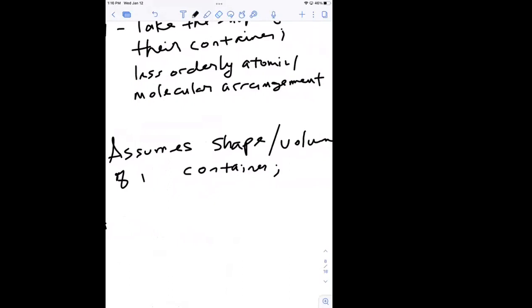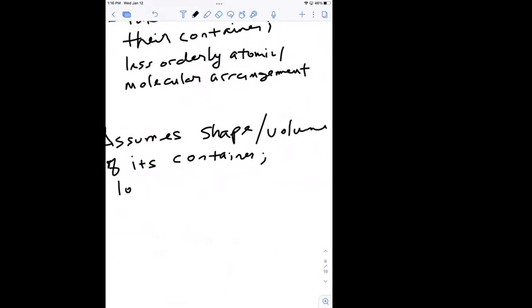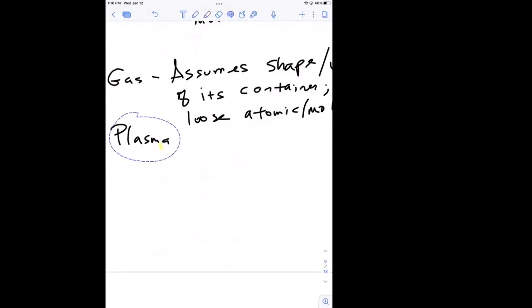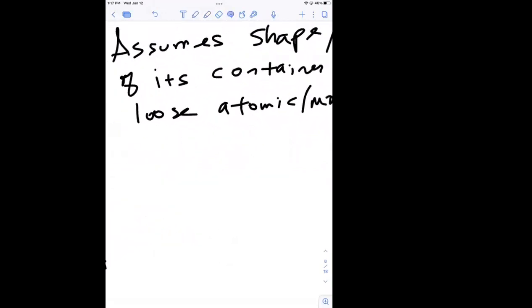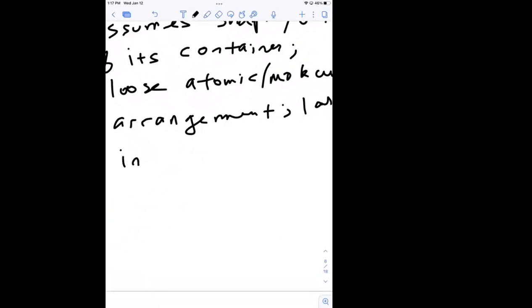If the atoms or the molecules are very spread out, we're going to say it has a loose atomic/molecular arrangement, and those molecules that make that gas up have a large distance between them. So the distance between them, we're going to call intermolecular.